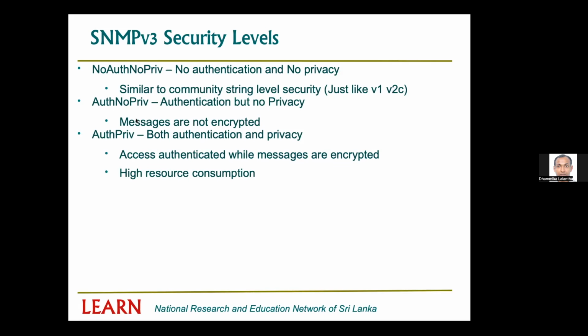That is very like version 1 and version 2 security levels, because they do not have any authentication or encryption. So it is very similar to version 2C and version 1.